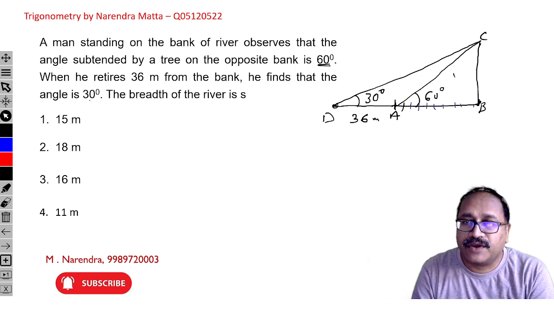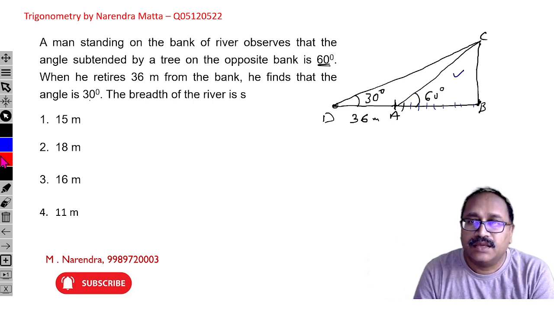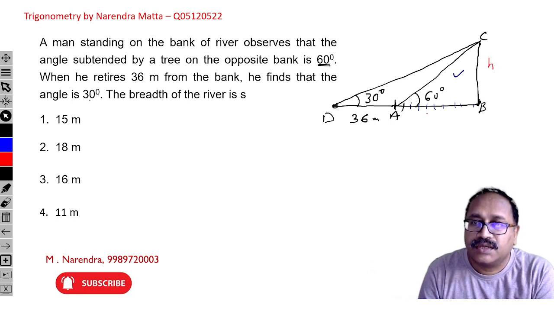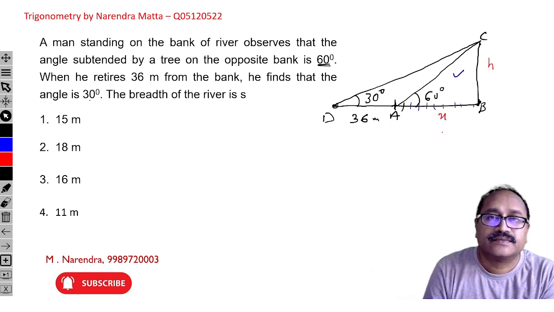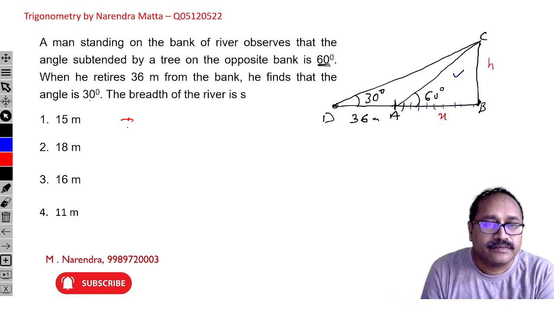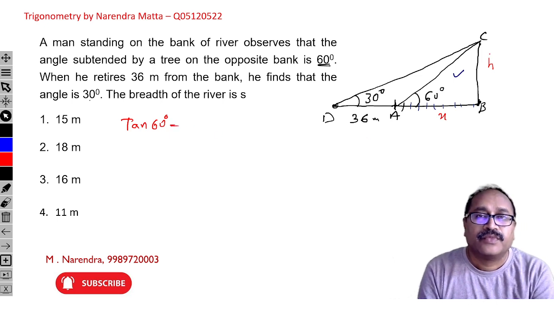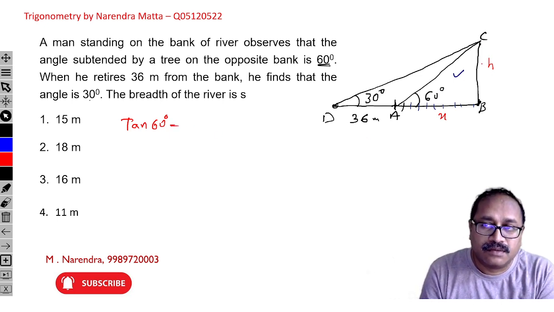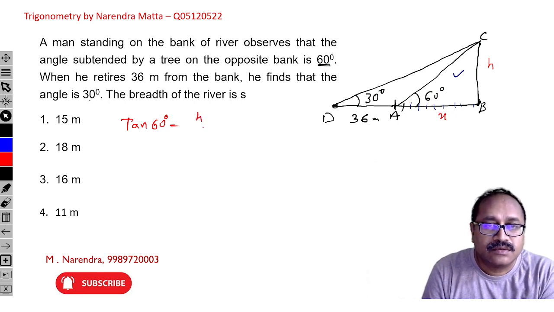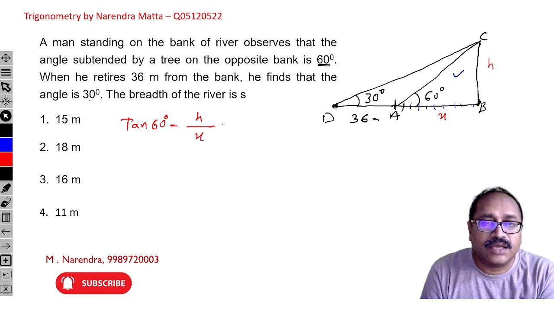So let's first find out the smaller triangle. Let's consider this as H and this as X. Now I need to find out X. So here tan 60 degrees is equal to perpendicular by base, that is H by X, and tan 60 is nothing but root 3.